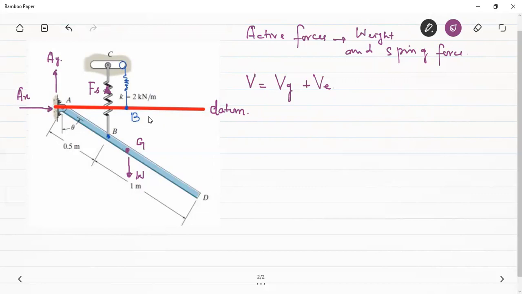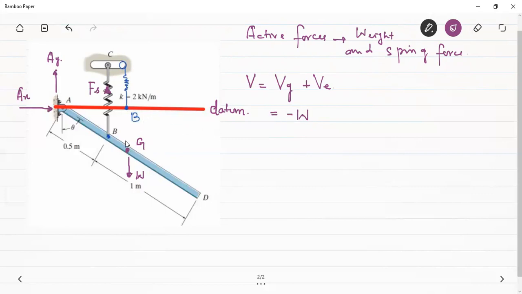This can be clearly seen. First of all, we can clearly see that this center of gravity is lying below the datum. Therefore, the gravitational potential energy will be negative. That will be equal to minus W, multiplied by the distance of the center of gravity from the datum. The minus sign is because the center of gravity is below the datum.